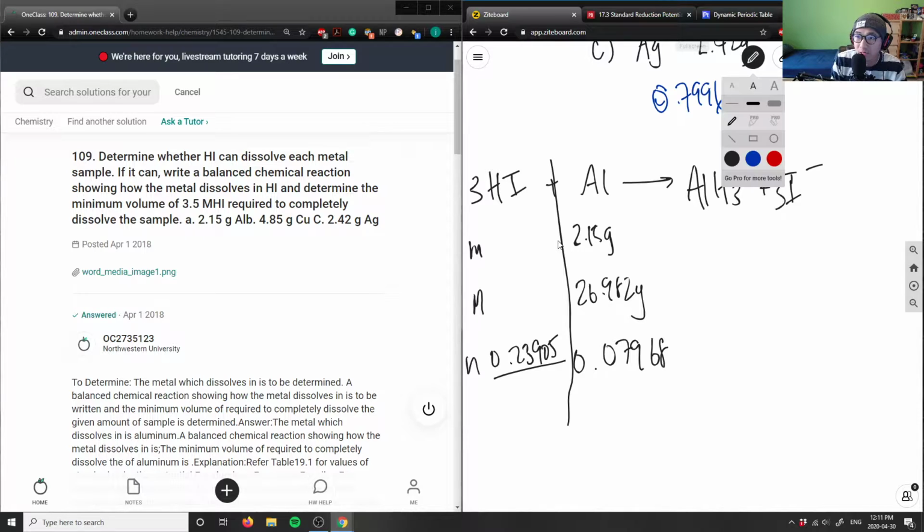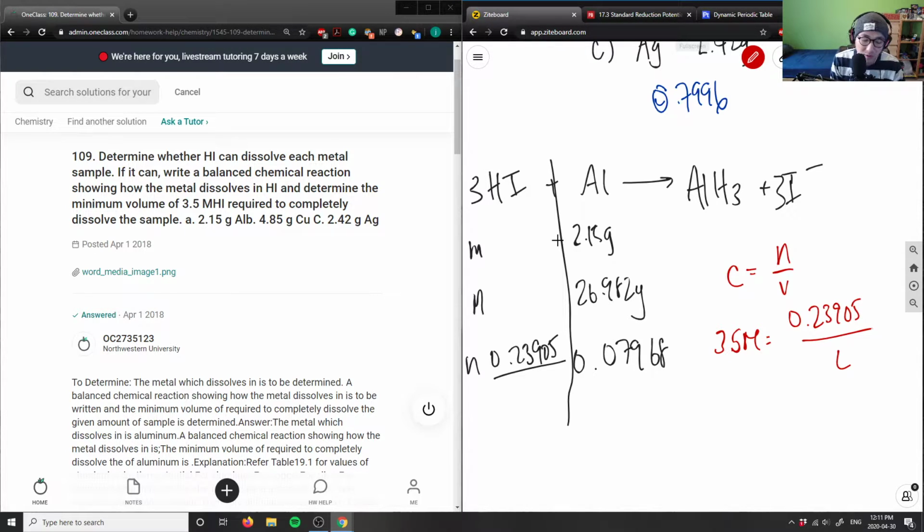If I have the moles of HI, I can now solve for my volume, right? I know my concentration equals my moles over volume. So concentration here is 3.5 molar. I'm going to have my moles here, which is 0.23905, and I'll have to solve for my volume. So I have 3.5 times V equals 0.23905.